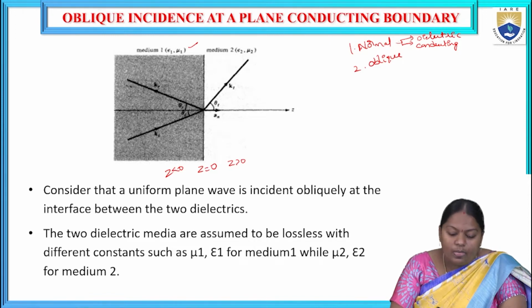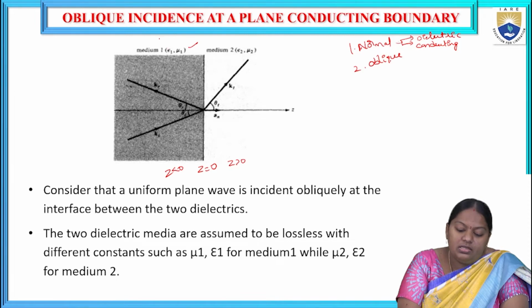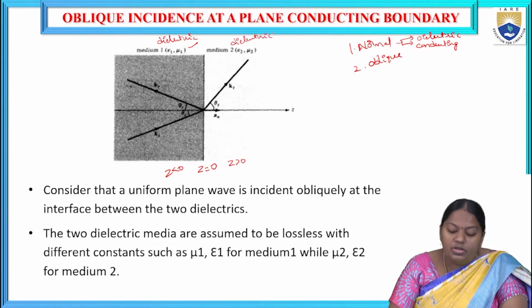Okay? So to derive the mathematical expressions for oblique incidence at a plane dielectric boundary, firstly we have considered a two-dielectric-medium case. Medium 1 is a dielectric medium and medium 2 is also a dielectric medium. Between the two dielectrics we place the boundary, which comes under oblique incidence at a plane dielectric boundary.